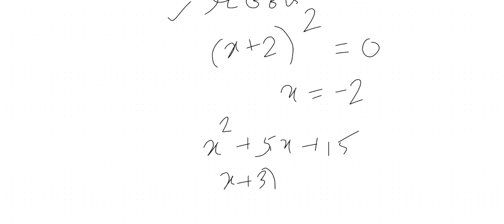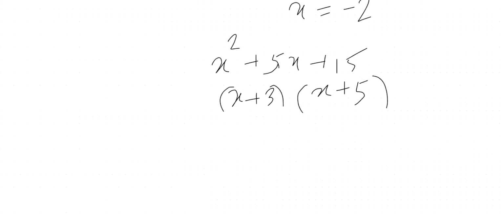This is something you have to learn on your own, and spend time on. So x + 3 is one distinct expression and x + 5 is another. When you open the brackets and multiply, you end up getting x squared plus 8x plus 15.